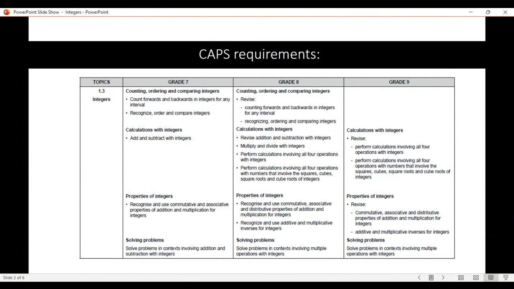Do not even start with multiplication and division. Focus on adding and subtracting with integers so that your learners have a good solid foundation of integers.